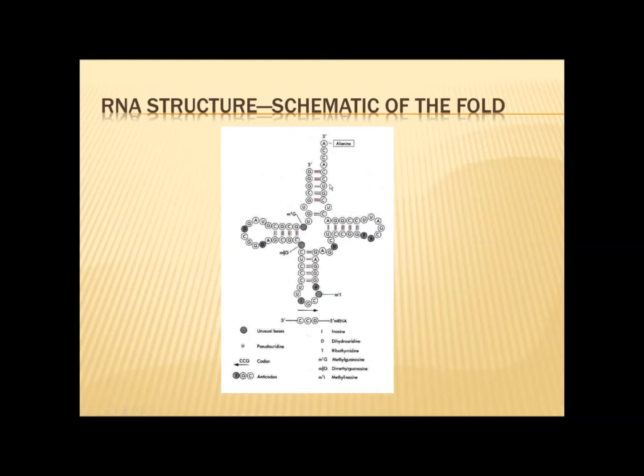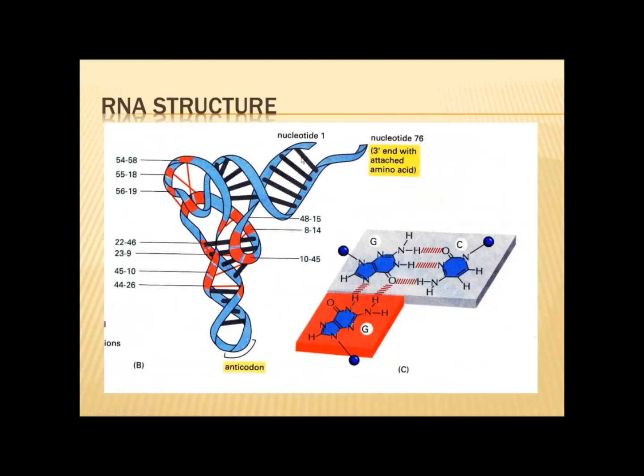But here, these are what are called wobble pairs: once in a while, the complementarity of A-U and C-G is violated. This pseudo L-shaped structure is typically what the structure eventually looks like. Wherever necessary, there's pairing, and then there's no pairing, and some of the unusual nucleotides break that pattern, causing this particular structure to form.